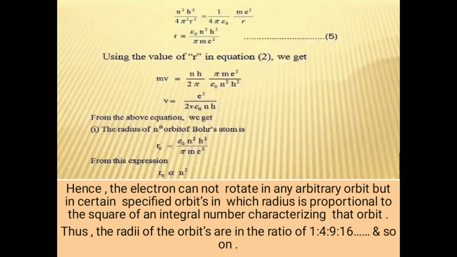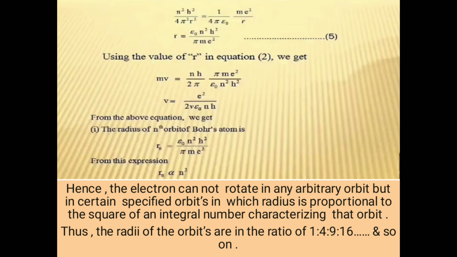From this expression, all terms are constant and only n is variable, so we can write r_n is directly proportional to n square, where n is the orbit number and r is the distance between the nucleus and the orbiting electron.